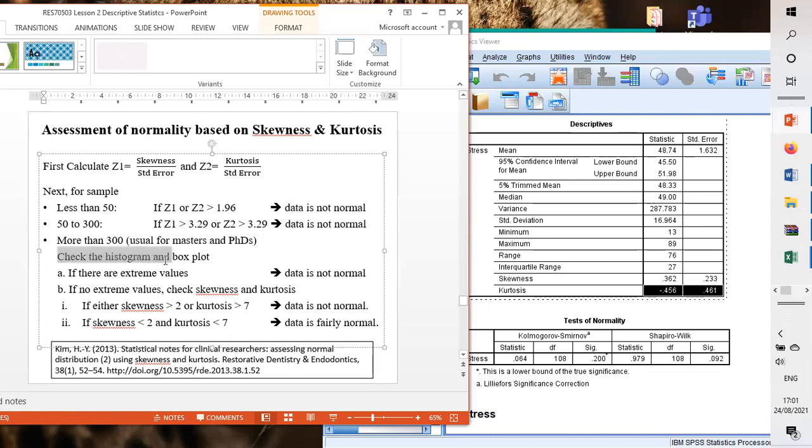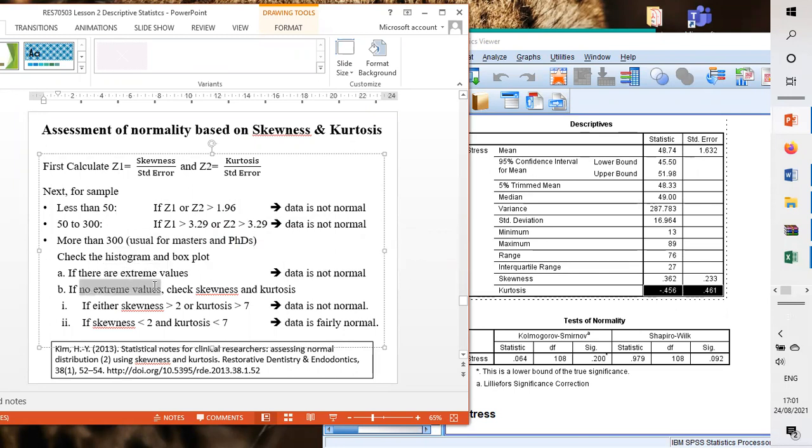Check the histogram and box plot for outliers. If the sample size is more than 300 and there are major outliers or extreme values, then the data is not normal.